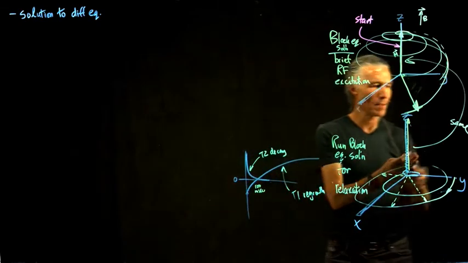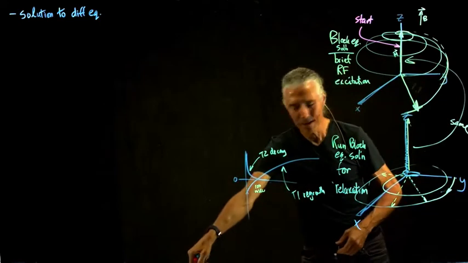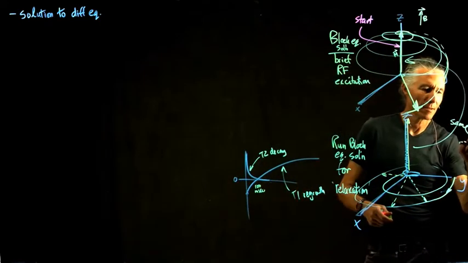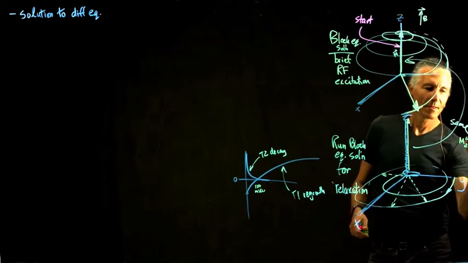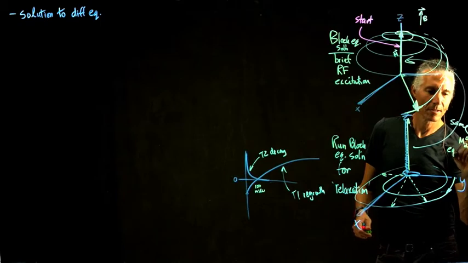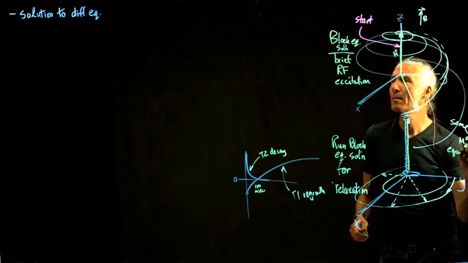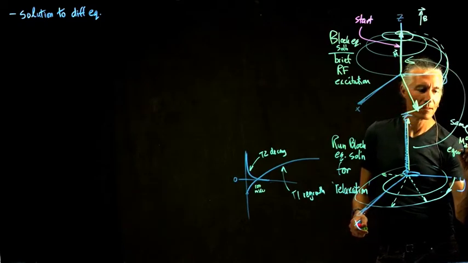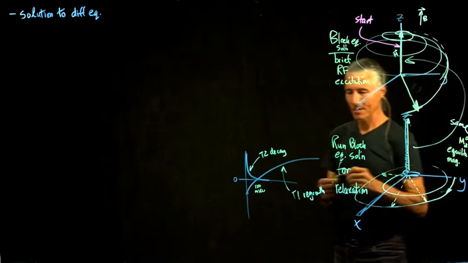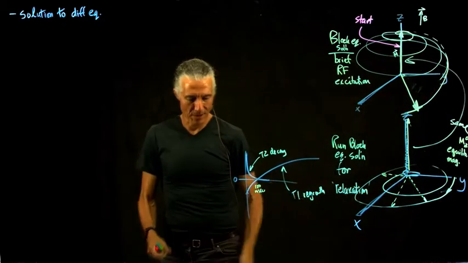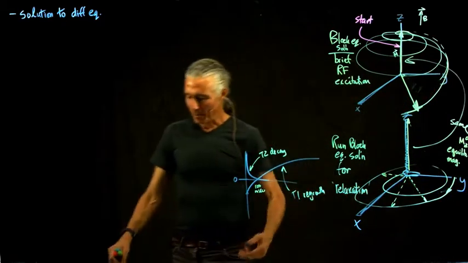What is that same thing? That's Mz0, the equilibrium magnetization that you get after a couple seconds.